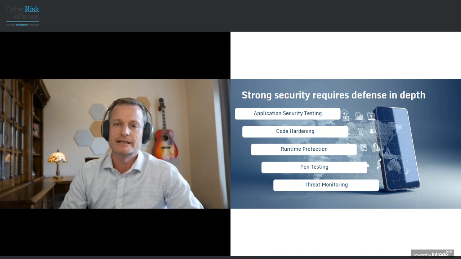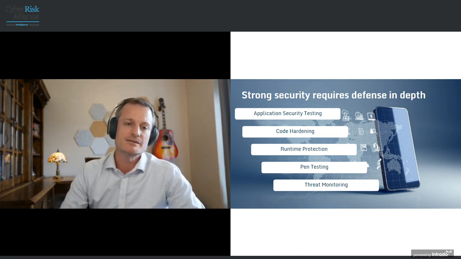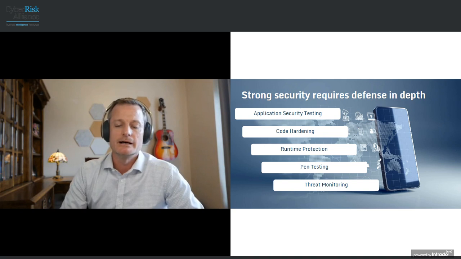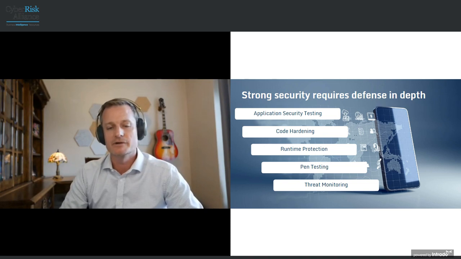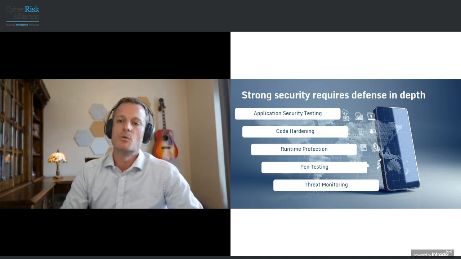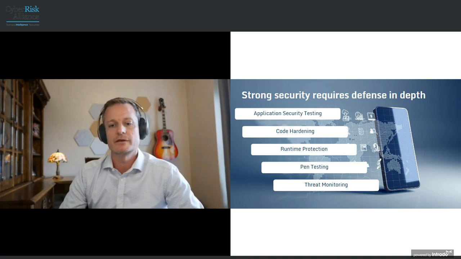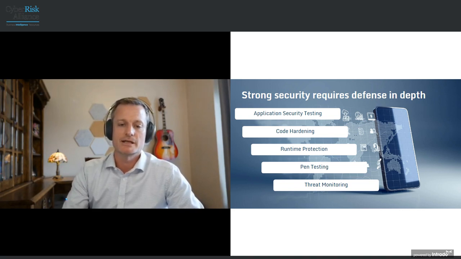It's closely related to some of the fraud monitoring use cases we talked about earlier, but it's also just a way to evaluate the efficacy of your code hardening and your runtime protections if you're able to monitor in the wild what's going on with each of your applications.